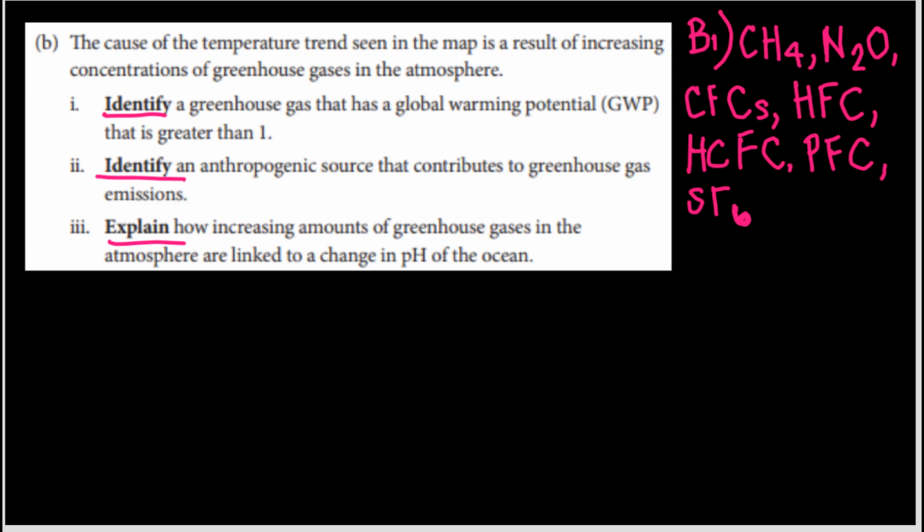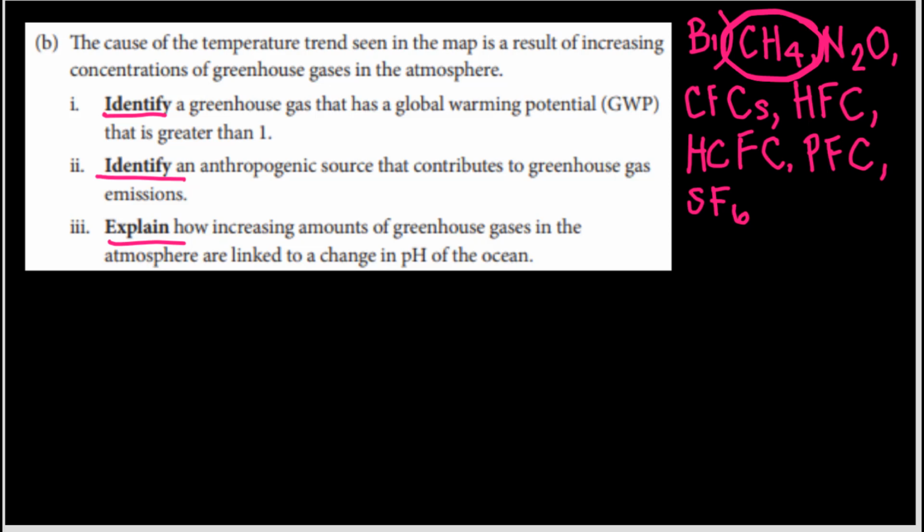The HFC is hydrofluorocarbons. The HCFC is hydrochlorofluorocarbons. The PFC is perfluorocarbons. And then the last one is SF6, which is sulfur hexafluoride. So I think CH4 methane is definitely the easiest one to remember. It's definitely the easiest one to spell. So I would pick that one if this was me doing this assignment.